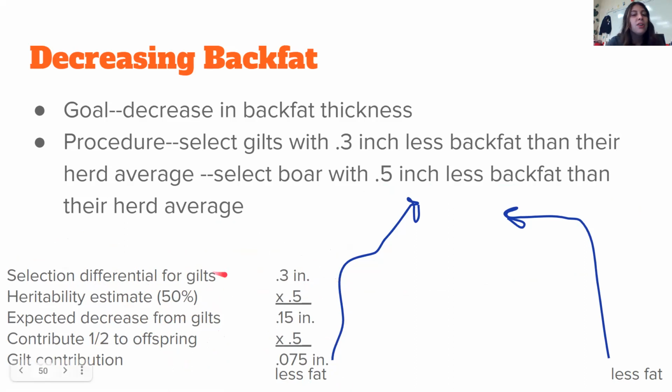You take the number we're looking for in the female pigs, 0.3 inches less back fat than the herd average, and multiply it by the heritability estimate. If you remember, that's a percentage that geneticists have come up with, and they say offspring will inherit about 50% of what their parents give them. So for back fat, about 50%.